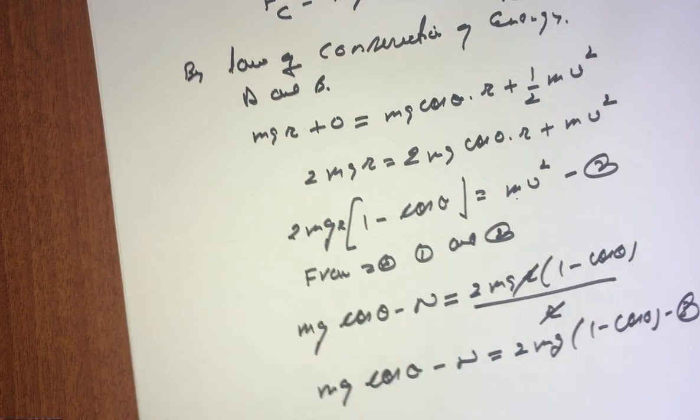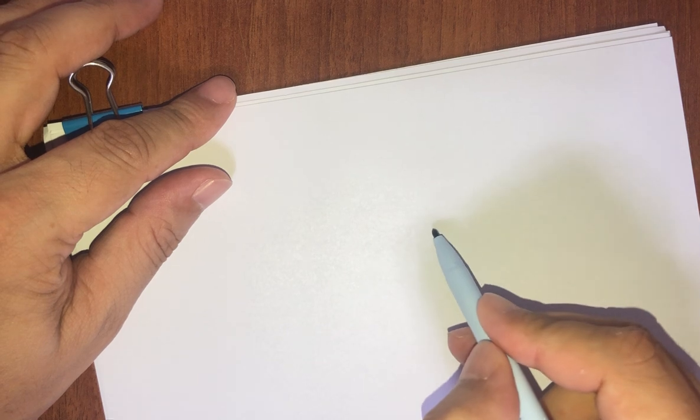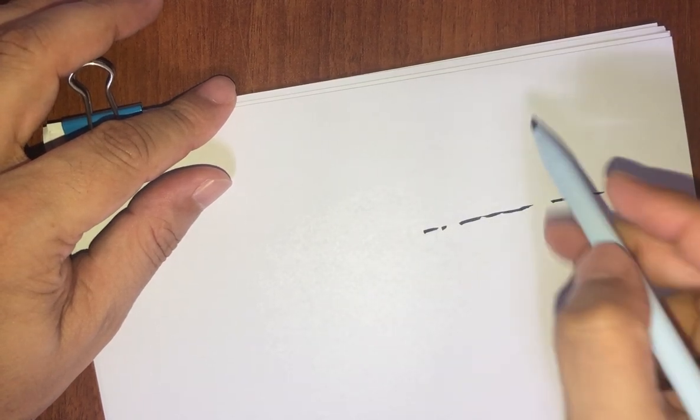Now we are going to redraw this figure again, but now only with respect to the breaking point B. So let us draw it again in a bigger fashion.